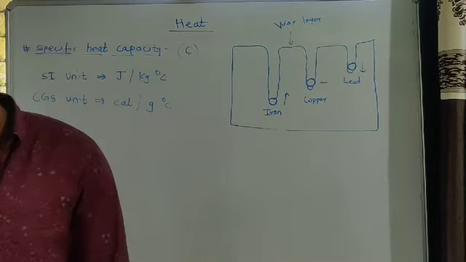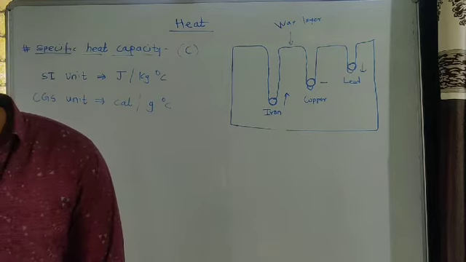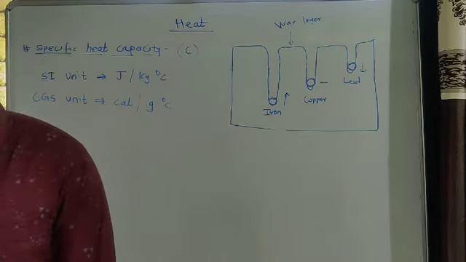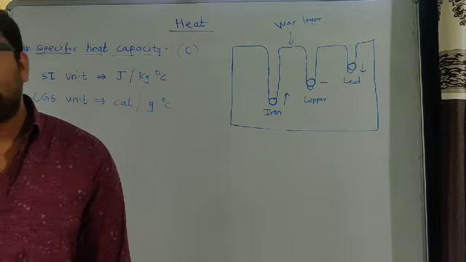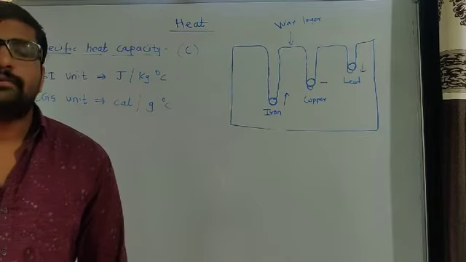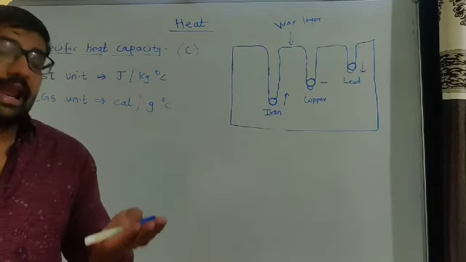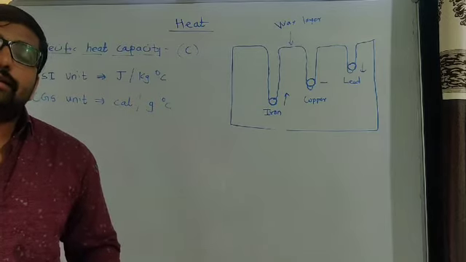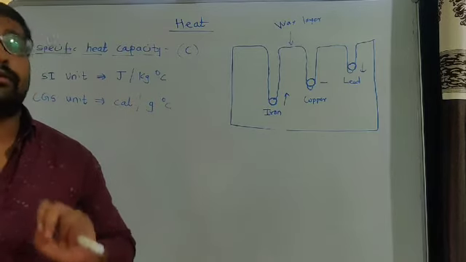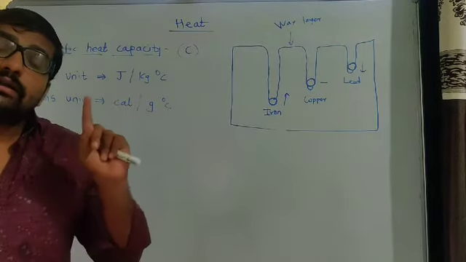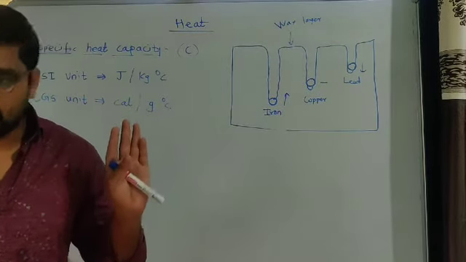If you see, water has a specific heat capacity of 1 calorie per gram degree Celsius. It means if you take 1 gram of water and want to increase its temperature by 1 degree Celsius, then we have to provide it 1 calorie of heat.